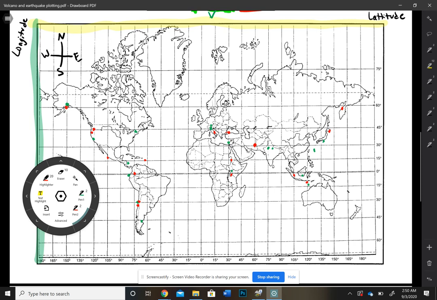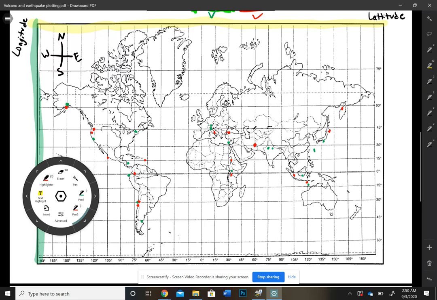Discuss the distribution of earthquakes and volcanoes over the surface of the Earth. Are they scattered at random or are they concentrated in zones? Describe your observations. Okay, so are they random? I forgot to put a check mark on my volcanoes.